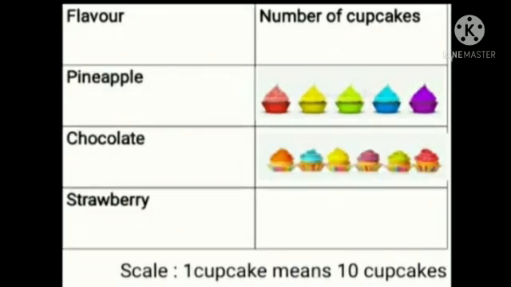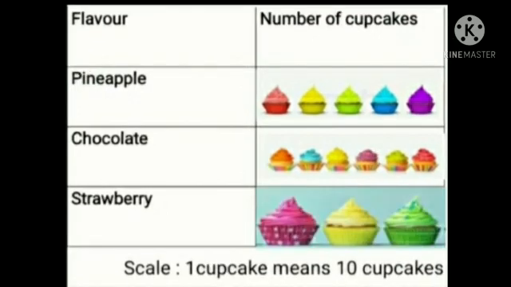So here in place of chocolate cake we are going to show 6 cupcakes of chocolate flavor. Next is strawberry. So there are 30 strawberry cupcakes. So 30 divided by 10 gives you 3. So we will show 3 cupcakes in place of strawberry flavor.